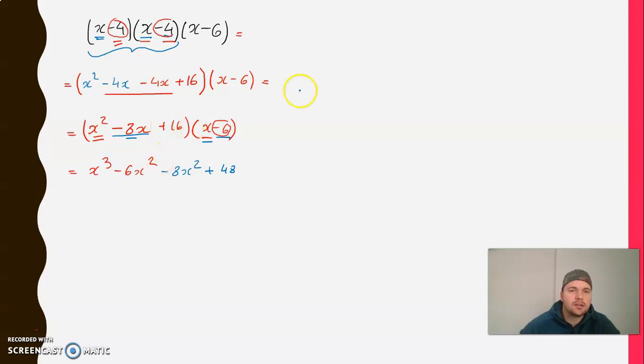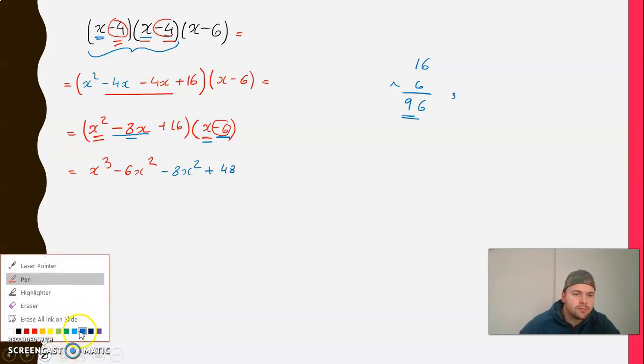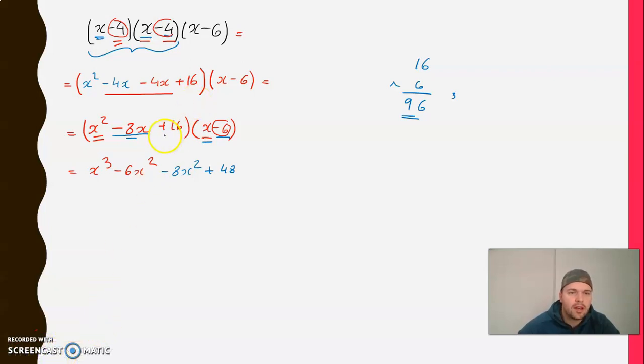And let's quickly do 16 times 6: 6 times 6 is 36, 6 times 1 is 6 and 3 is 9, so 96. Then I have 16 times x, which is 16x, and 16 times minus 6, which is minus 96.